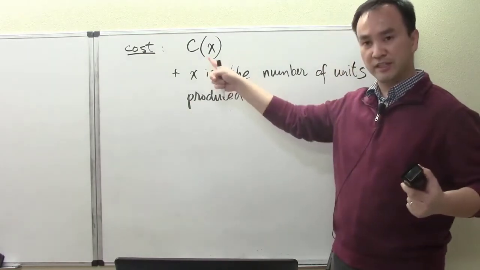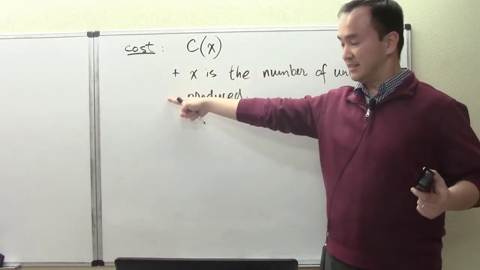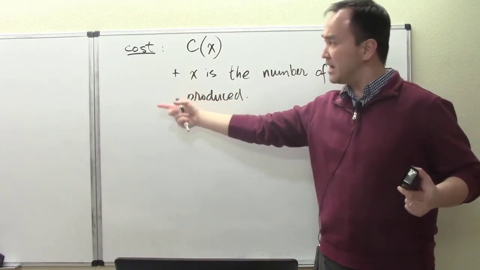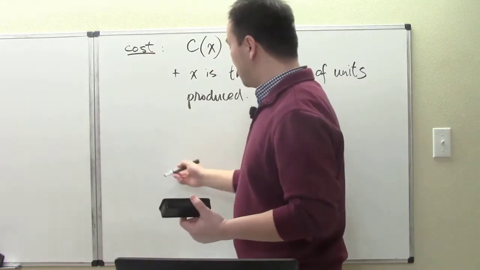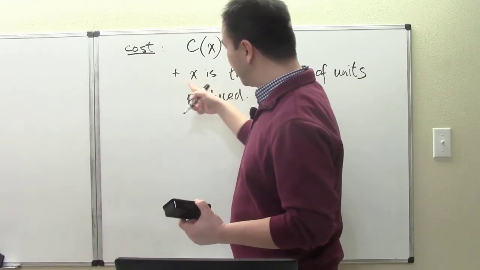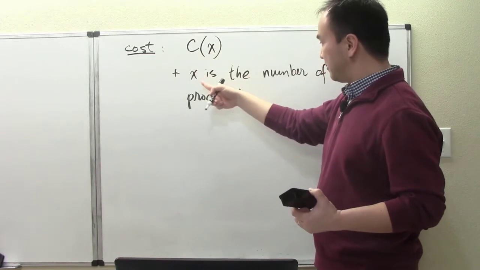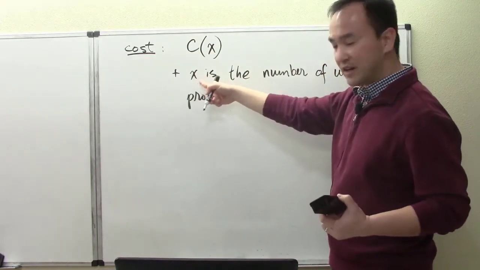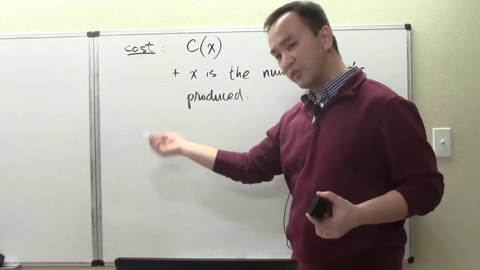That's cost right there, to produce, to make our products, and then after that we are going to sell them away. As I said, most of the time the main variable of the cost function can be regarded as x, the number of units being produced. But there are other times, and we will get to that as well.